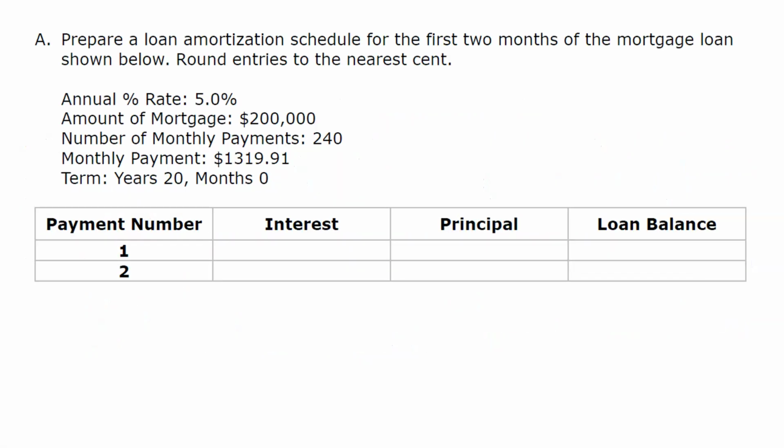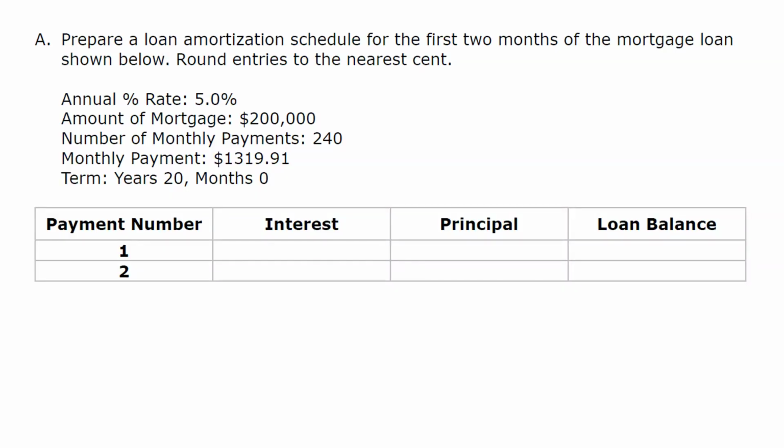So we are going to prepare a loan amortization schedule for the first 2 months of the mortgage loan shown below, and we want to round the entries to the nearest cent. For this loan, we have an annual percent rate of 5%.